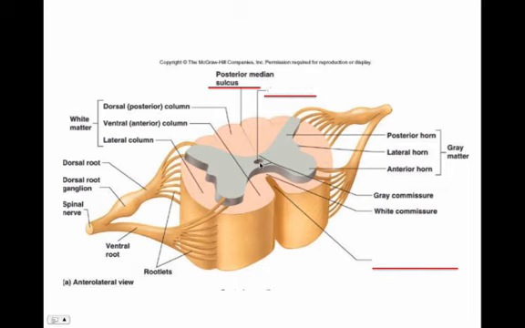Name that hole. The answer is the central canal. Finally, name the structure, the indentation on now the anterior side of the spinal cord, and the answer is anterior median fissure.